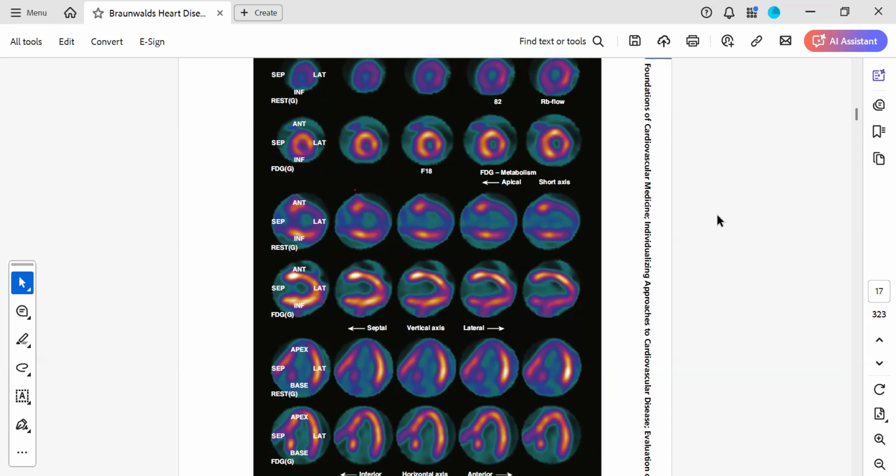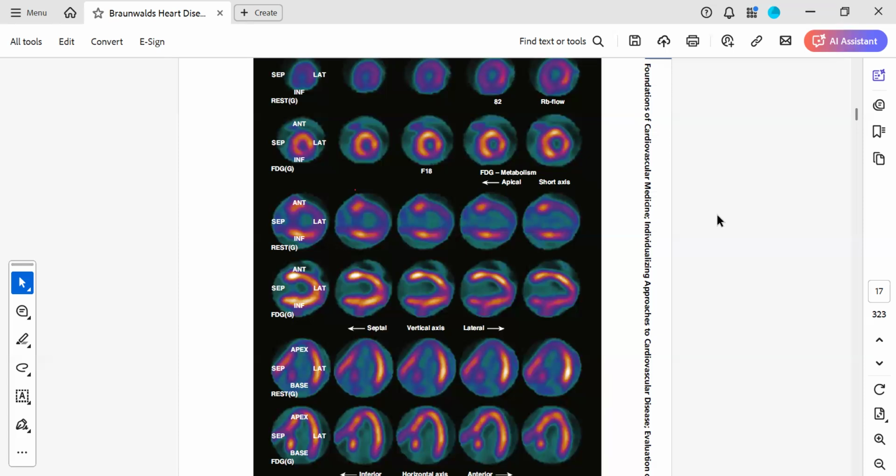One important thing about PET is that it can also give you the coronary blood flow. You can quantify the blood flow through each of the coronary arteries based on the layer they supplied, unlike in SPECT, where you will not be able to do that.